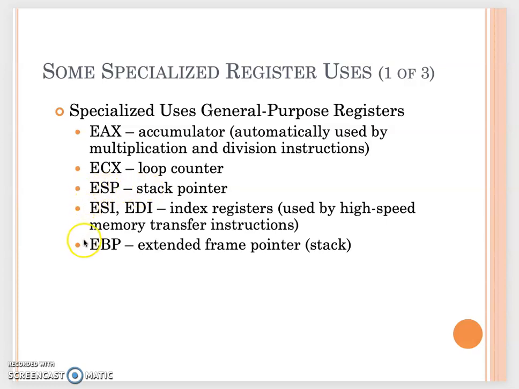The other important register is called the extended frame pointer, EBP, the base pointer for the stack memory. Then you have ESI and EDI, the index registers, used for high-speed memory transfer instructions, which we will talk about more in chapter 6.